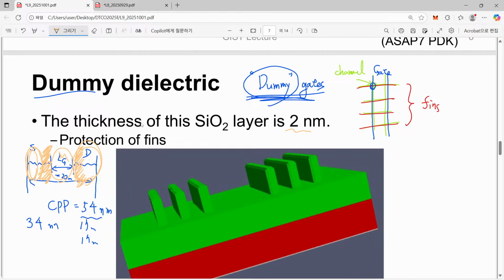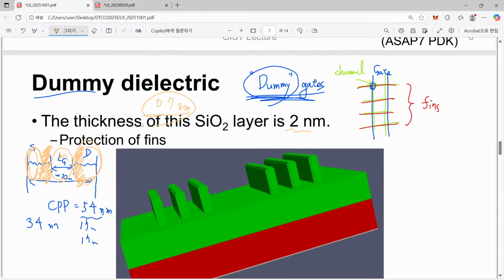And please understand, the native oxide thickness of silicon on top of silicon is just 0.7 nanometer. So even without doing anything, if you just expose silicon to the air, one native layer of silicon dioxide is formed, and it is about 0.7 nanometer.